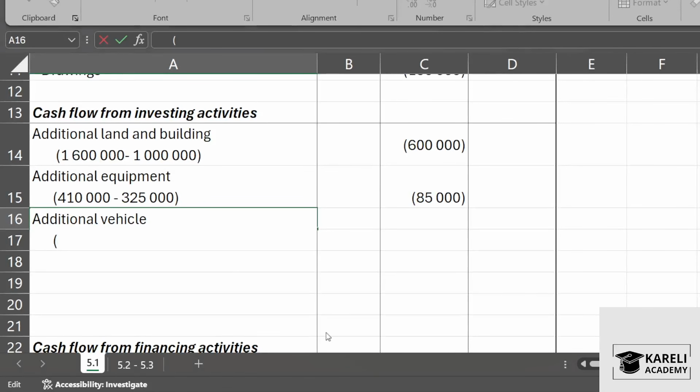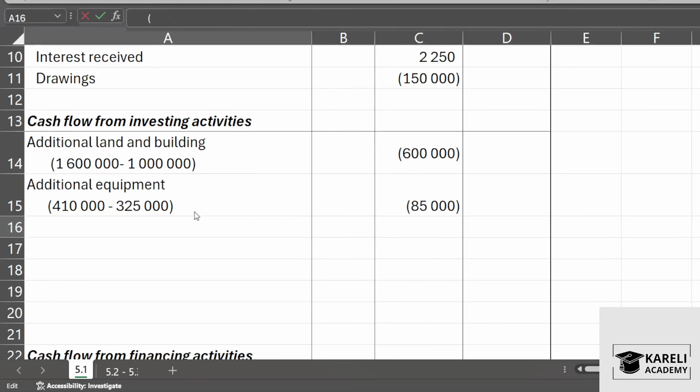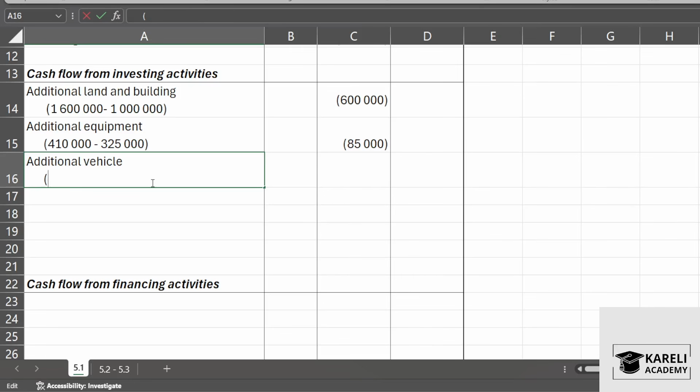We have been saying that closing balance 1,052,000 minus 731,000, and on the answer we get, we must add the sold vehicle.